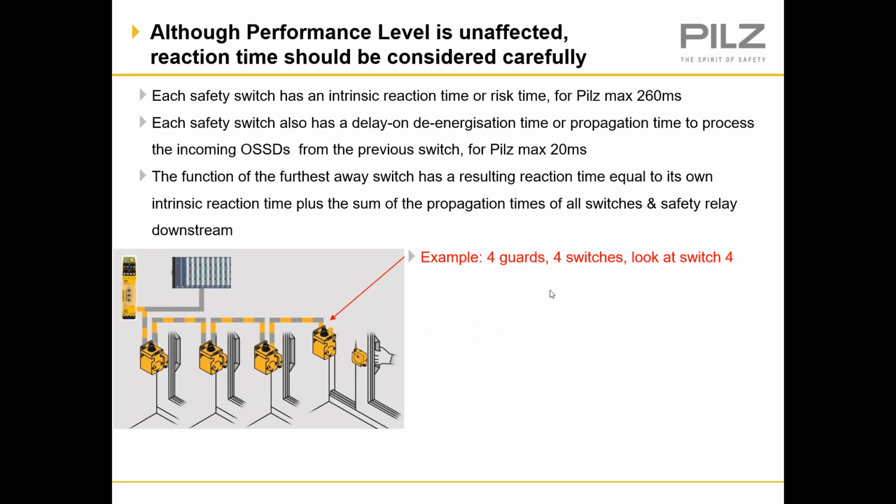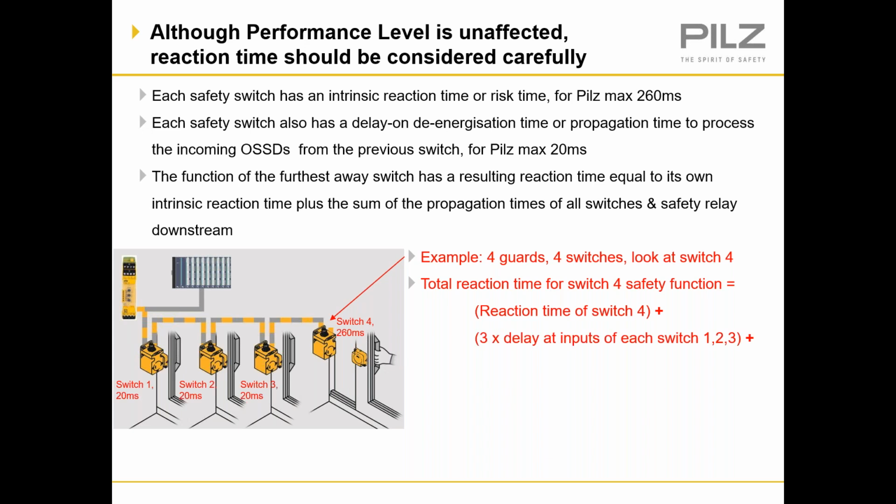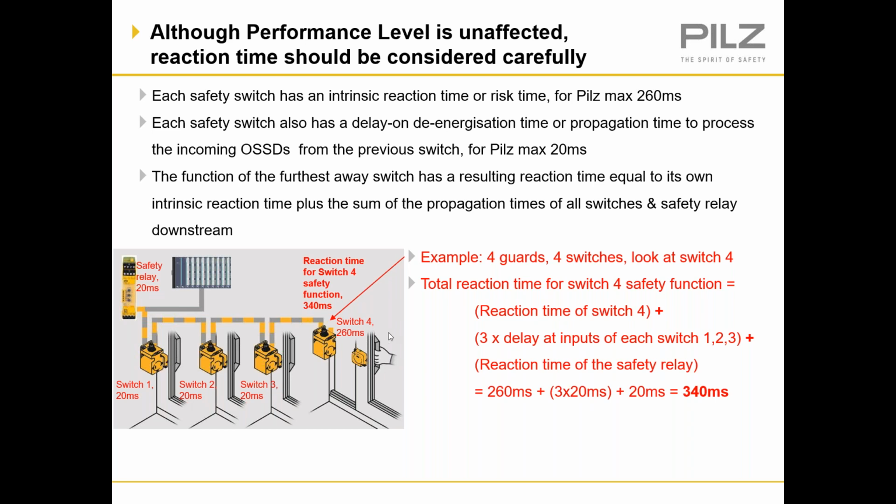If we look at switch 4, the total reaction time for the switch 4 safety function equals the reaction time of switch 4, which is 260 milliseconds, plus 3 delay inputs of 20 milliseconds each, plus the reaction time of the safety relay. So effectively, that's 260 milliseconds plus 3 times 20 plus your 20 milliseconds. In total, that's 340 milliseconds.